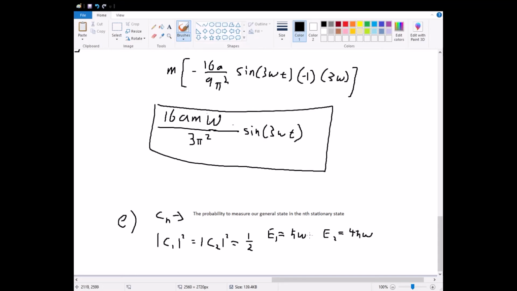So if we wanted to calculate the average energy, then that's just a matter of saying the expectation value of H, which is our Hamiltonian, which gives us our expected energy, is just going to be 1/2 times h bar omega plus 2 h bar omega, because 4 h bar omega divided by 2 is just 2 h bar omega. And this is 2.5 h bar omega, which lies between our E1 level and our E2 level.